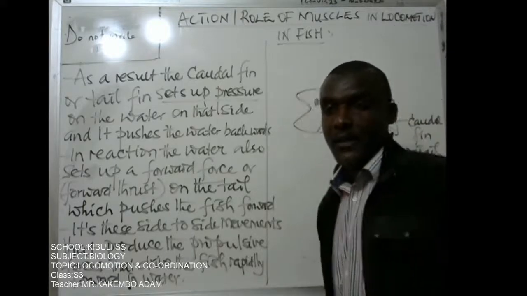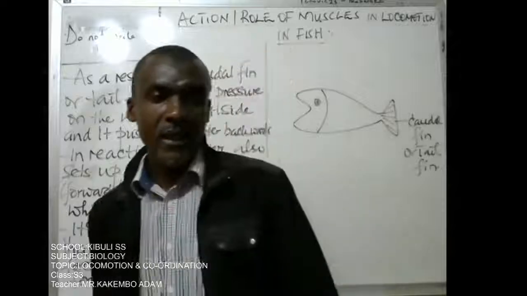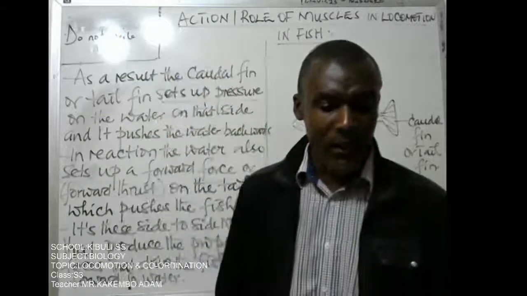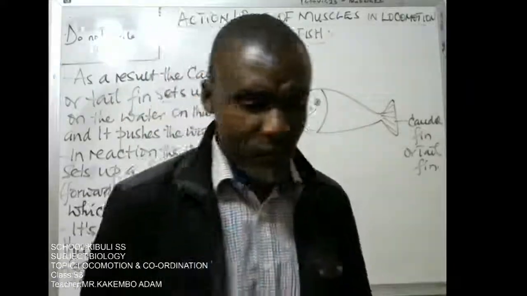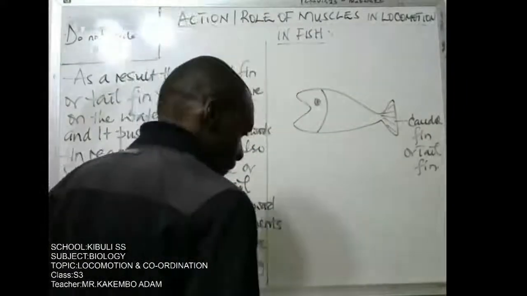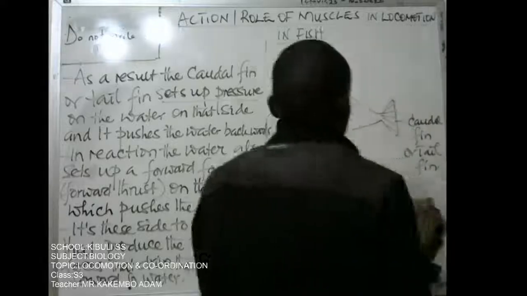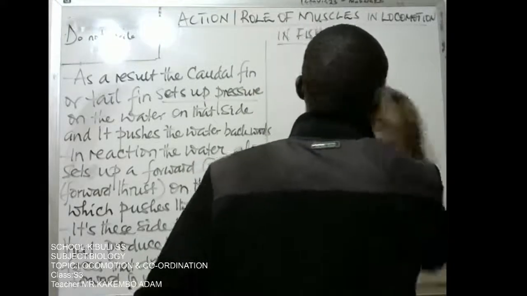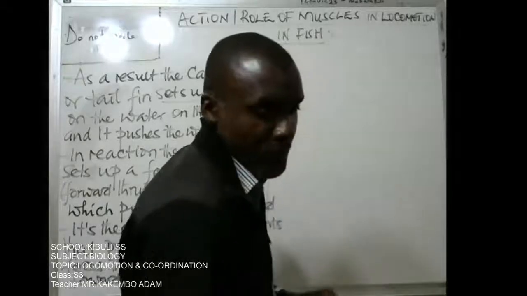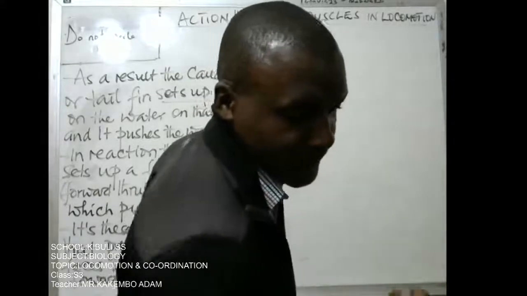Remember, the myotomes occur in blocks on either side of the body of the fish. We can illustrate with simple drawings of those movements that cause forward motion of the body of the fish.